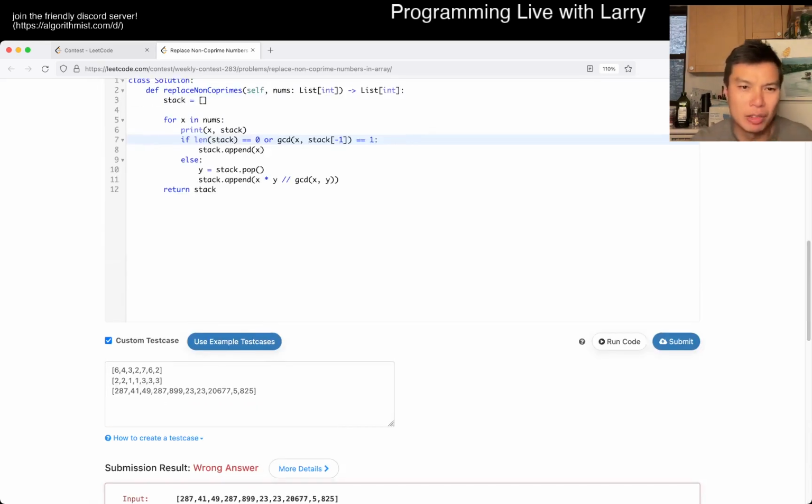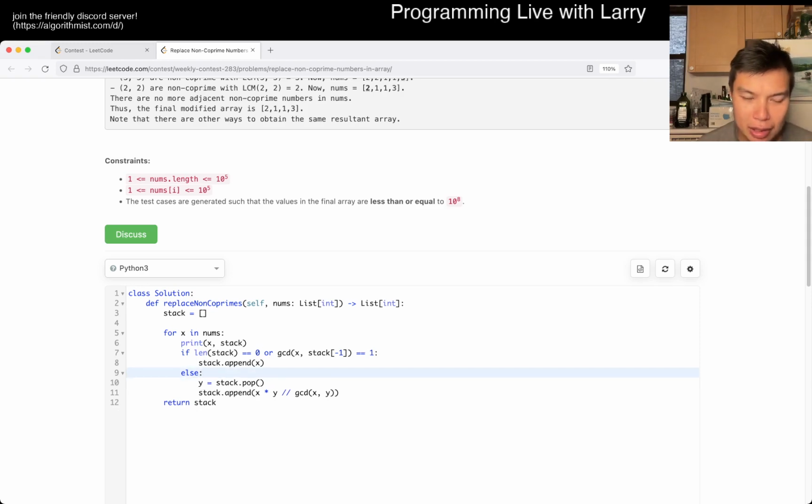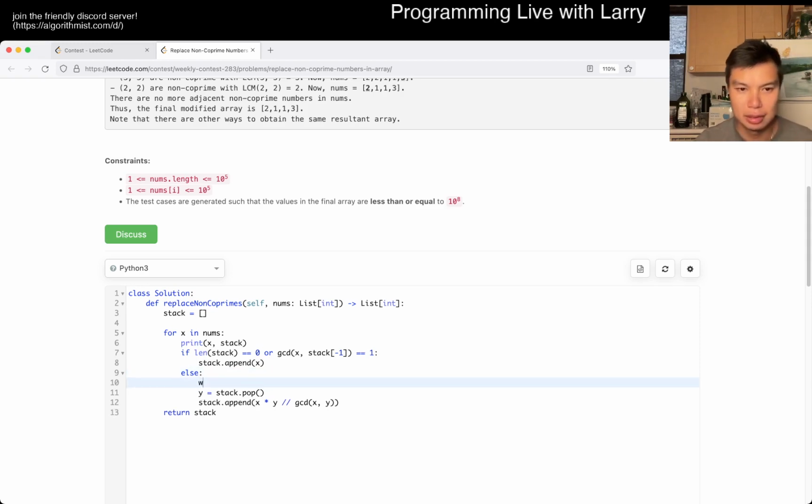Oh, this should be a while loop. I thought about this in my head, and that's why we use a stack, right?